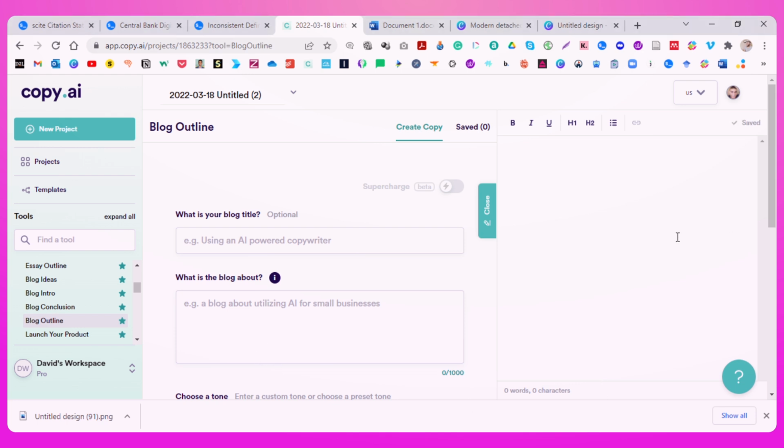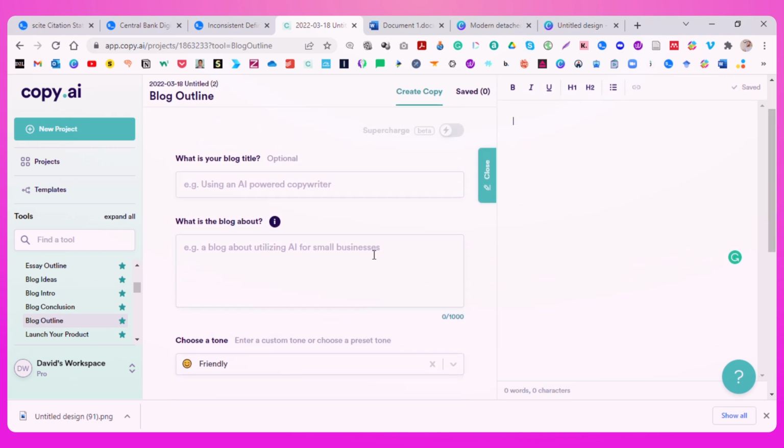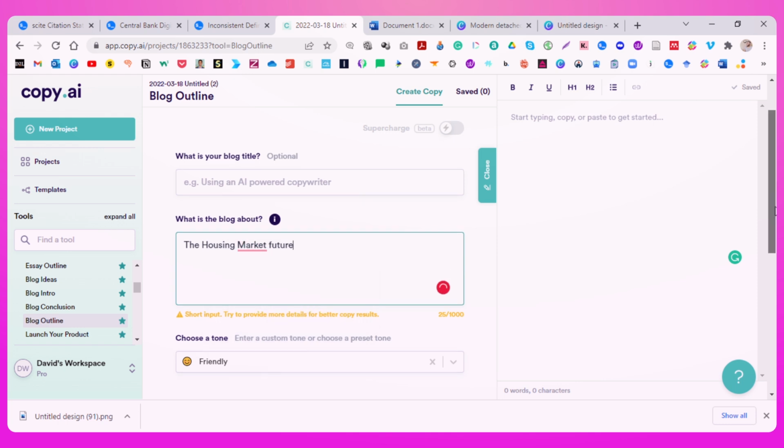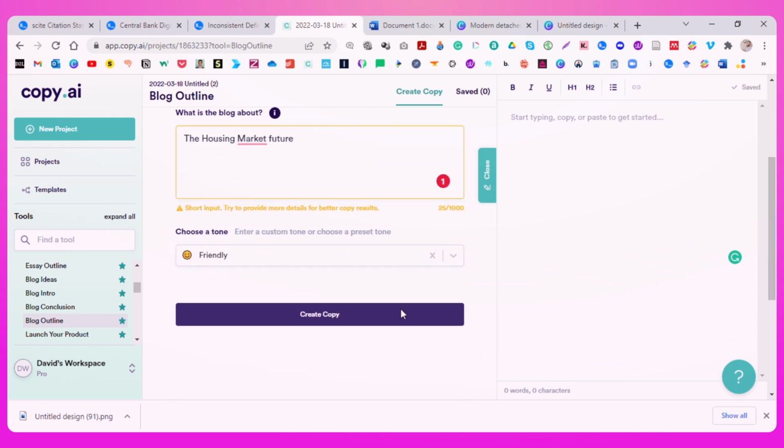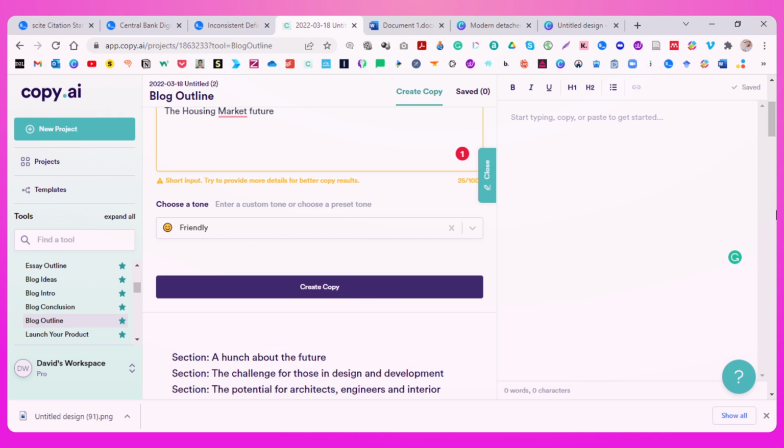So we are now on this AI-based database, which I use predominantly as an assistant. I'm going to type in the question we had, the housing market future. Now, Grammarly is just making sure I do my edits well. We want a friendly tone for this, at least for research.